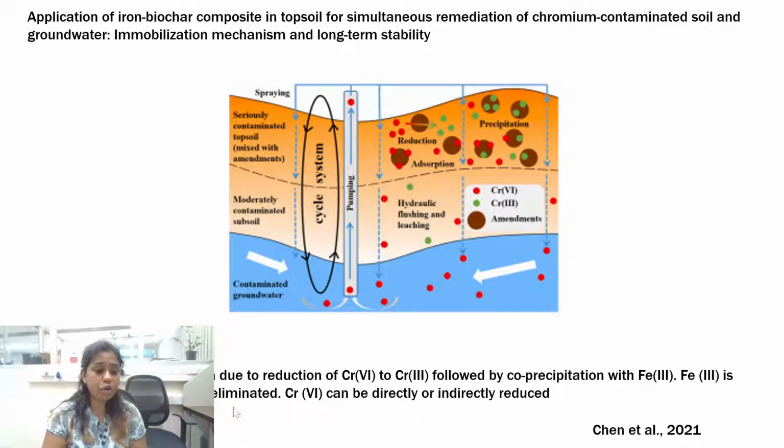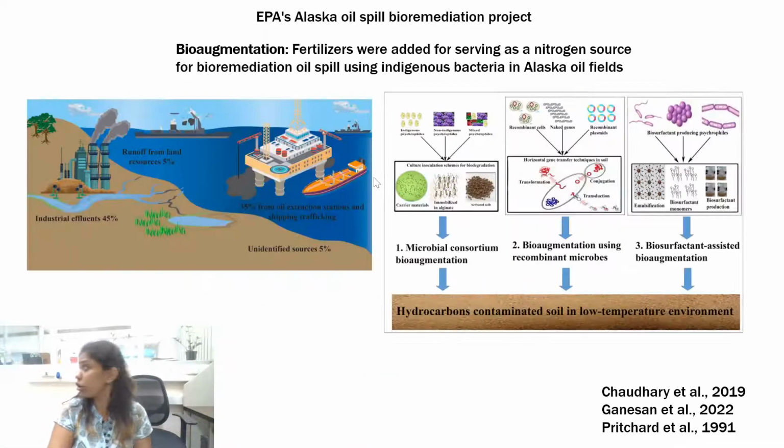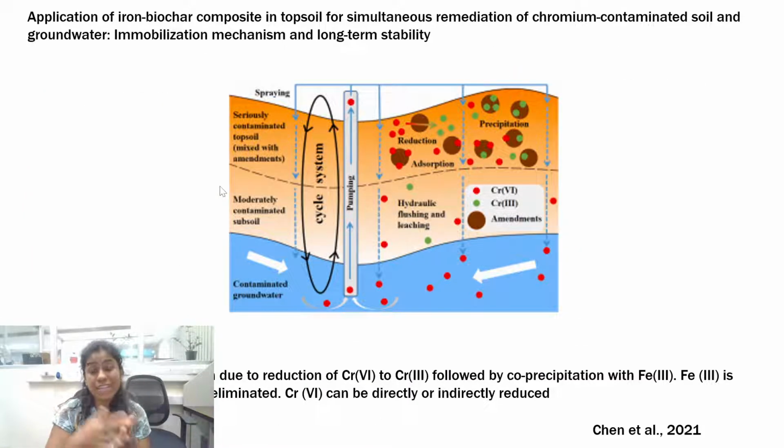Chromium 3 is not soluble in water and can be eliminated. So therefore chromium 6 is either directly or indirectly reduced and co-precipitated along with Fe3, ferric. So that's one of the examples of a real life application for chromium contamination and how they have controlled it using reduction.